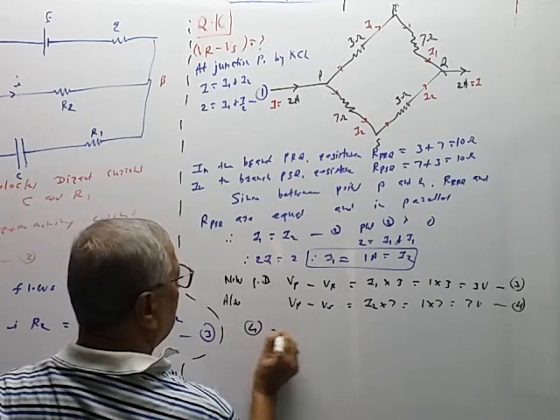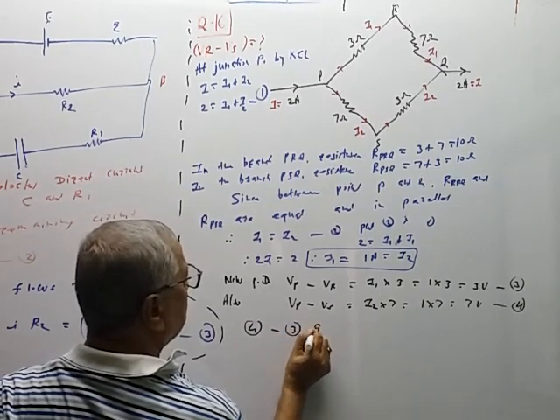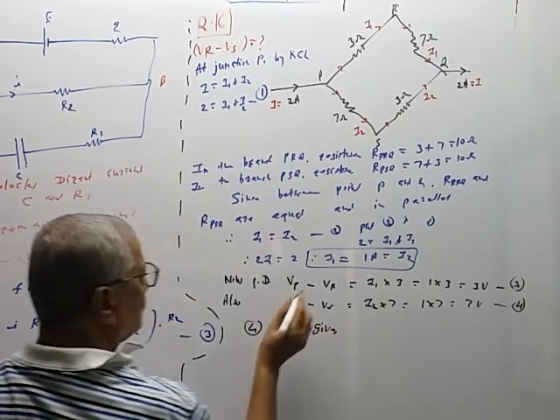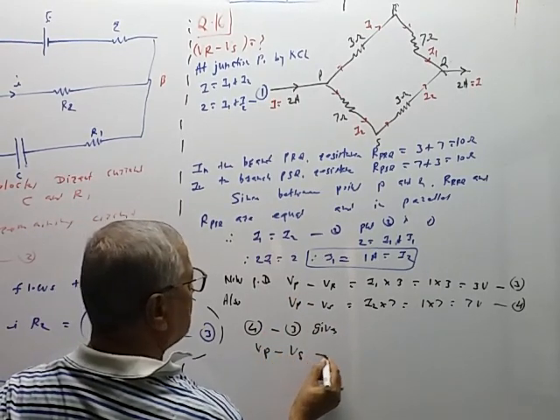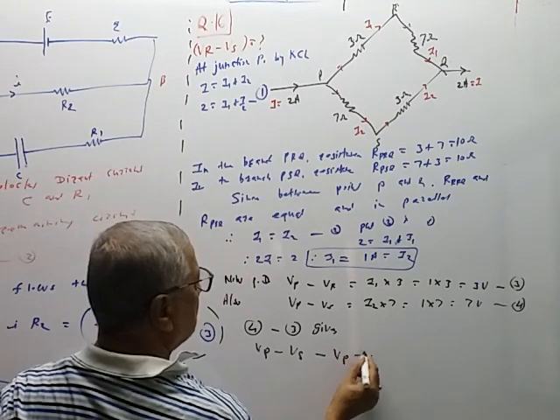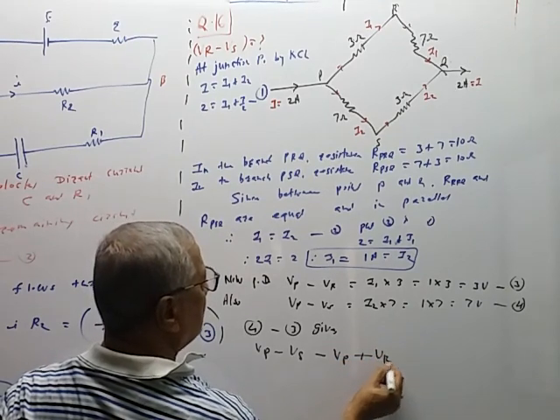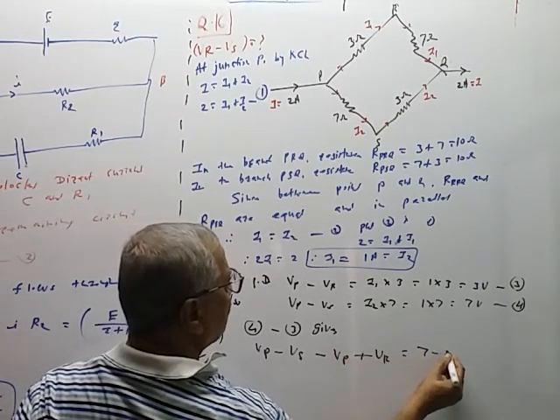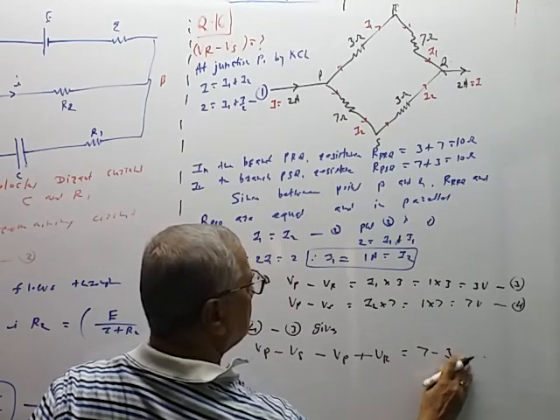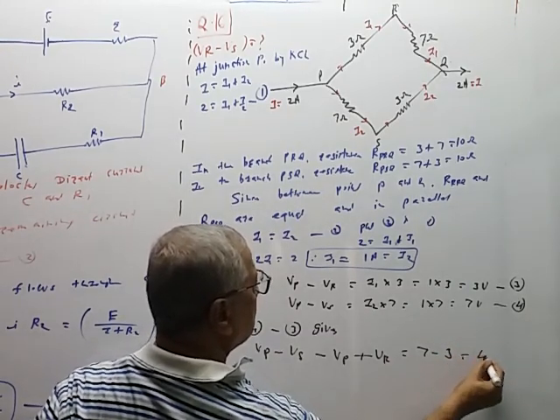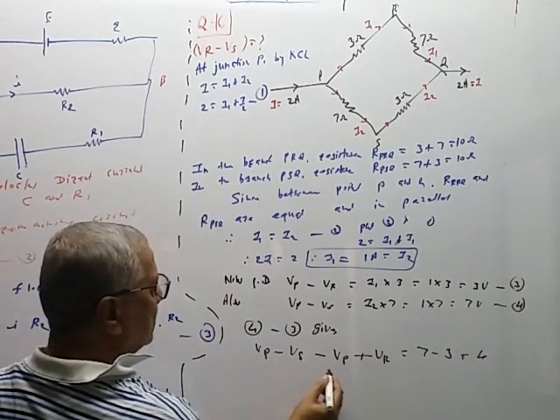4 minus 3. So Vp minus Vs minus Vp plus Vr is equal to 7 minus 3, that is equal to 4 volt. And therefore Vp cancels.